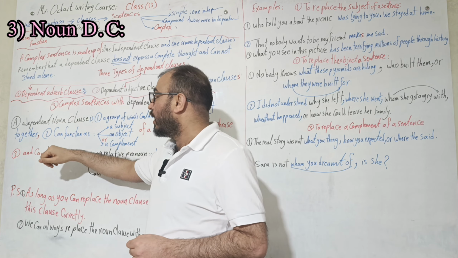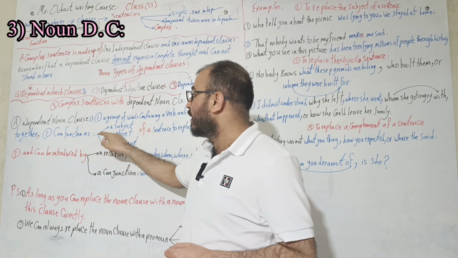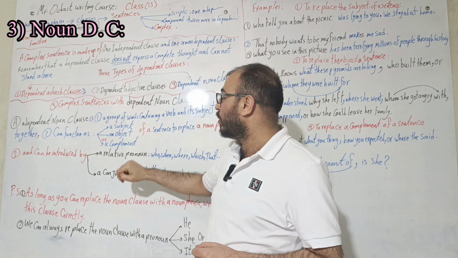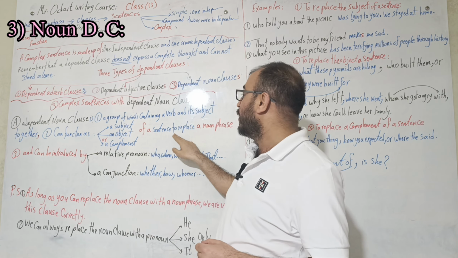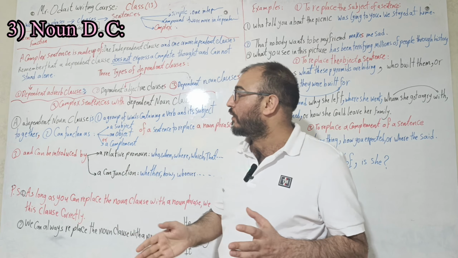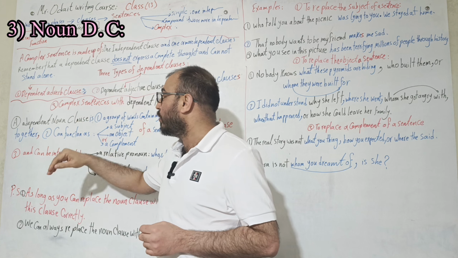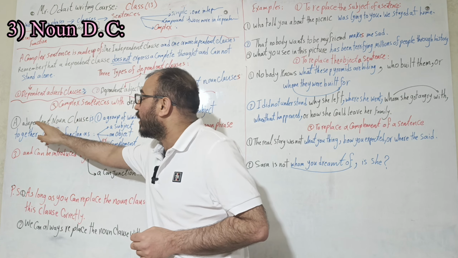In addition, it can function as the subject, object, or a complement of a sentence to replace a noun phrase. So as you see here, the definition is a combination of the definition of a clause and a noun phrase.